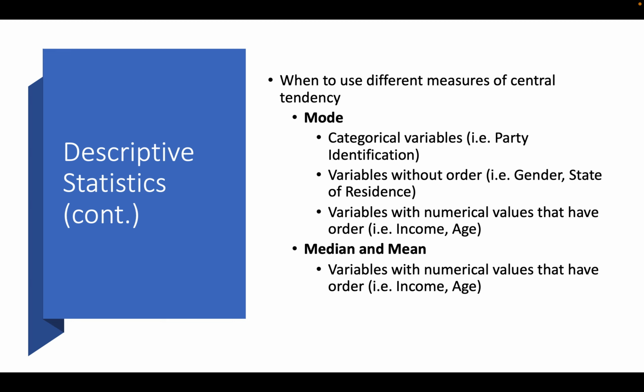For instance, are you a resident of Idaho or are you not a resident of Idaho? And sometimes variables with numerical values that have orders such as income and age are also analyzed well by the mode. For the median and mean, if you have variables that have values that have a specific order in mind, then the median and the mean become particularly valuable as measures of central tendency.